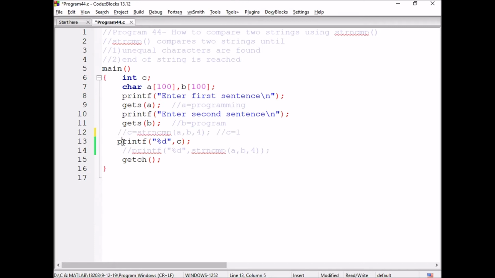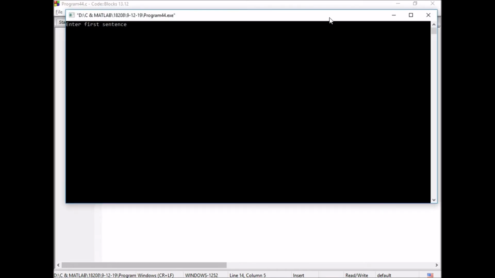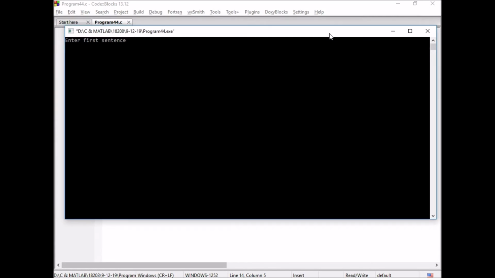Similarly, we can give these two in a single line. C programming.